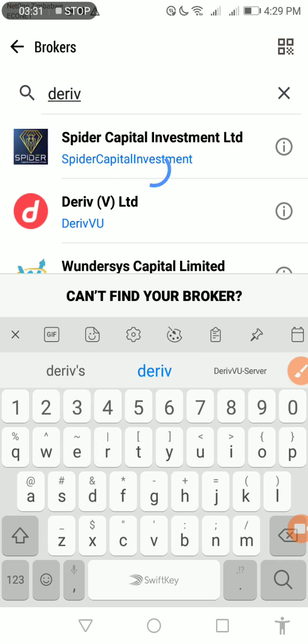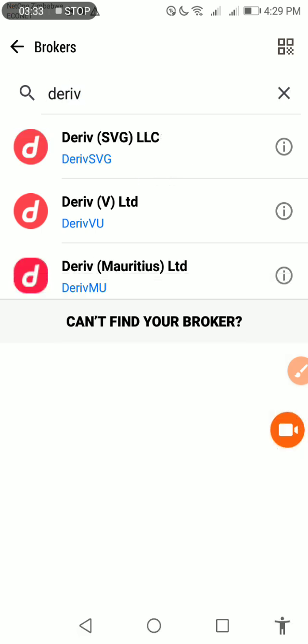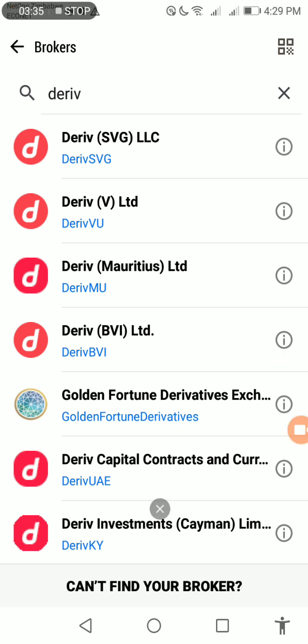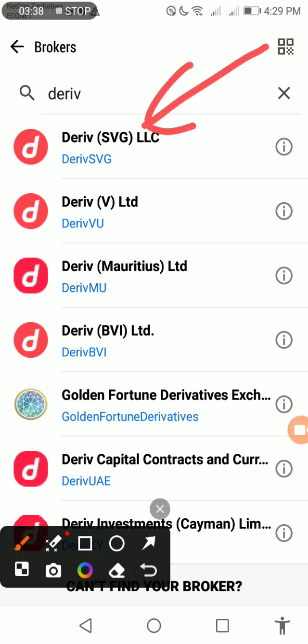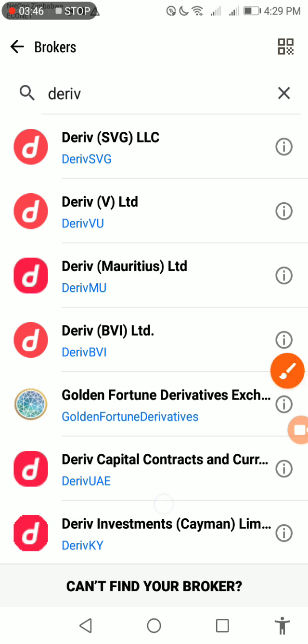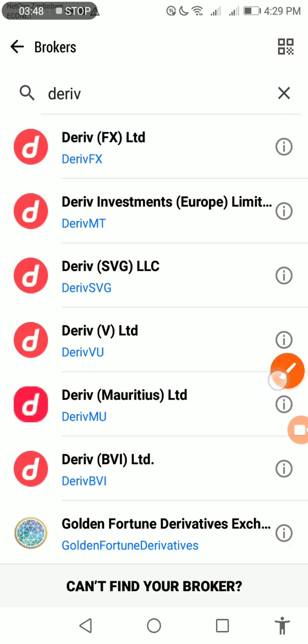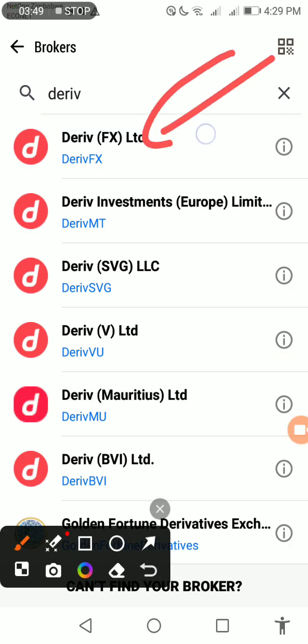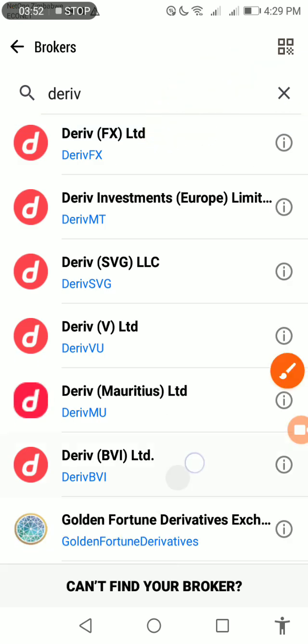Then if you type Deriv on the broker, you won't use this one. That's an unregulated account. Then we use the BVI FSC and Vanuatu accounts, and also FX, but that's a low leverage 1:100 forex account.